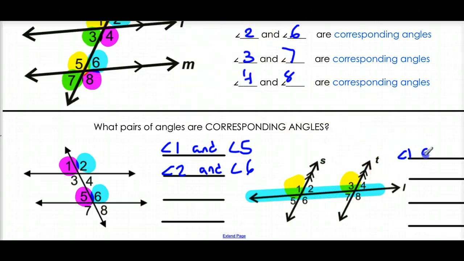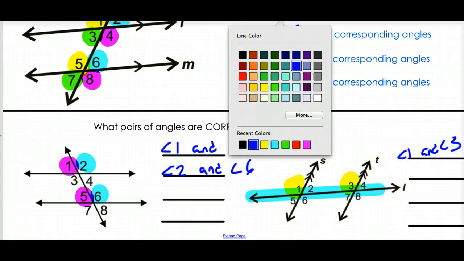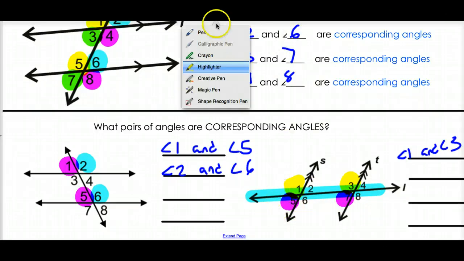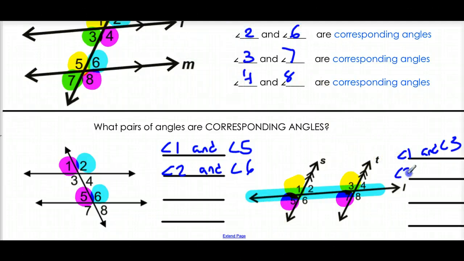So angle 1 and angle 3. We also have angle 5 and angle 7, right? This is on the bottom left-hand side. So angle 5 and angle 7. And you fill out the last two. It's probably going to be these and these. You got this. You're great.